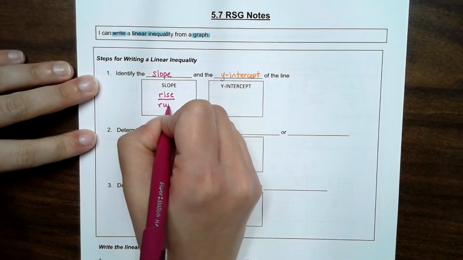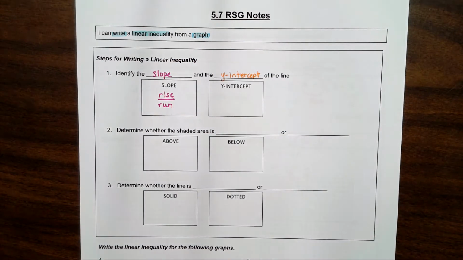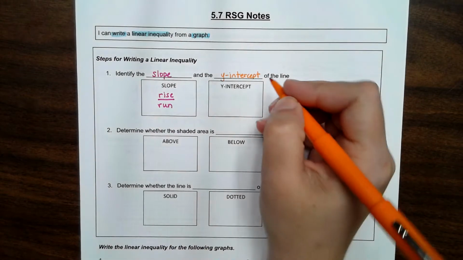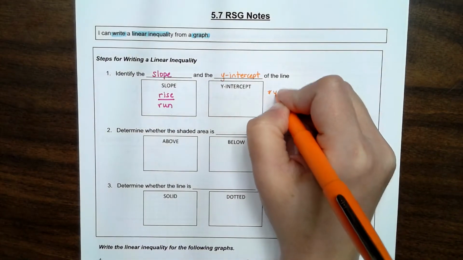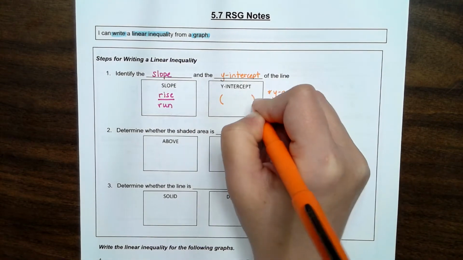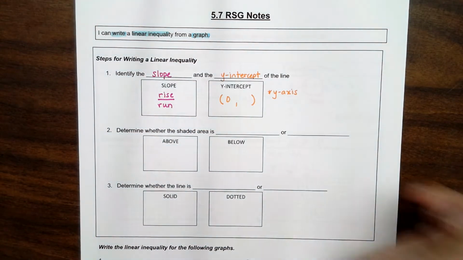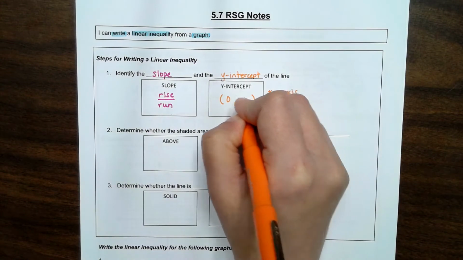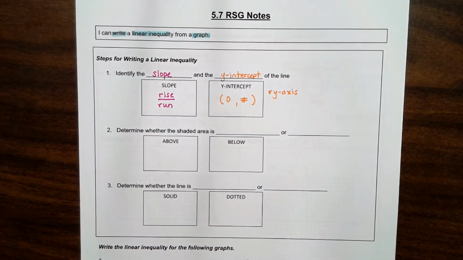So all we have to do to find the slope is find two nice points on the graph and count the rise over the run. The y-intercept is always going to be on the y-axis. So the coordinates of the y-intercept are going to be 0 as the x and some number, whatever number you're crossing the y-axis at, as the y value of the ordered pair.